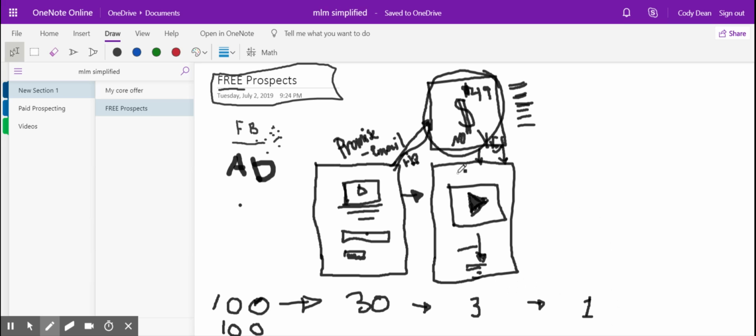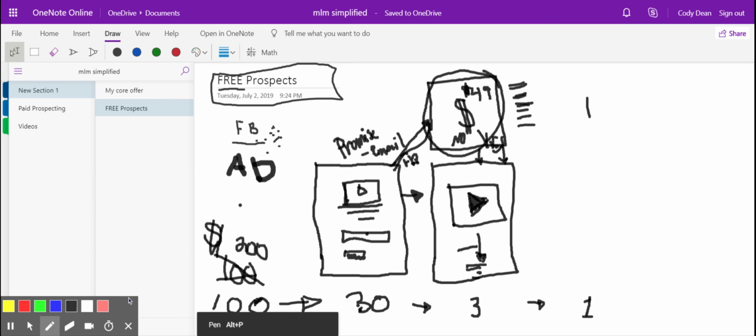Okay, so let's do some simple math here. Okay, you spend $100. Let's say it's even $200, right? It's $2 per click. 30 people go and see this. 3 people buy this initial product. 3 times 49, we'll just say it's $150.